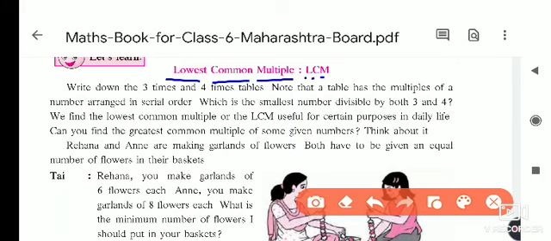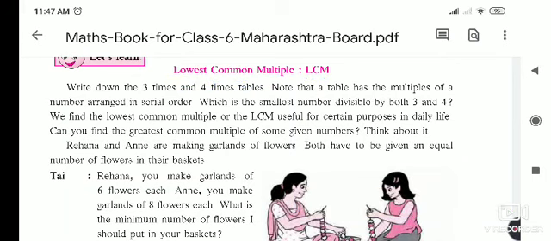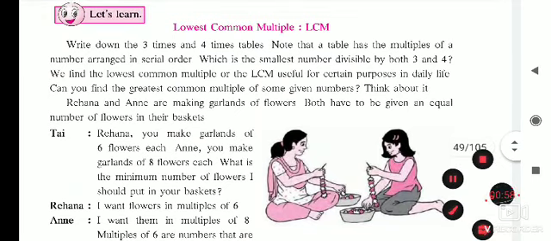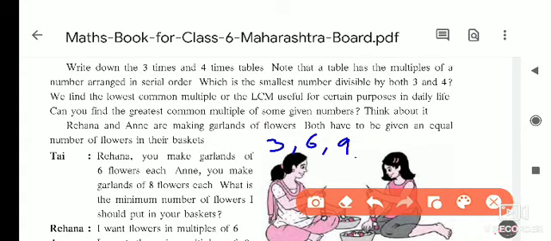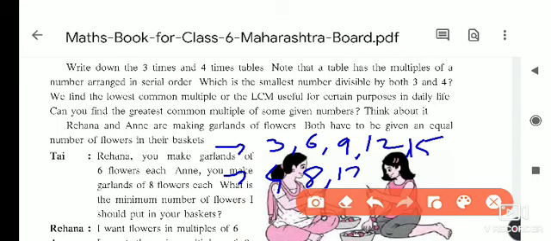The 3's table: 3 2's are 6, 3 3's are 9, 3 4's are 12, 3 5's are 15. And the 4's table: 4 1's are 4, 4 2's are 8, and 4 3's are 12.